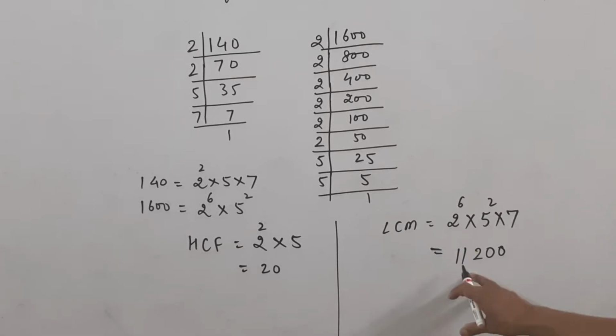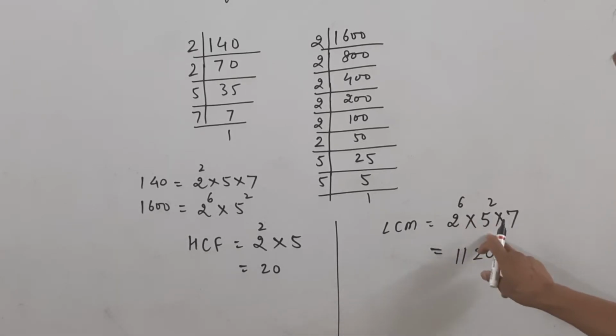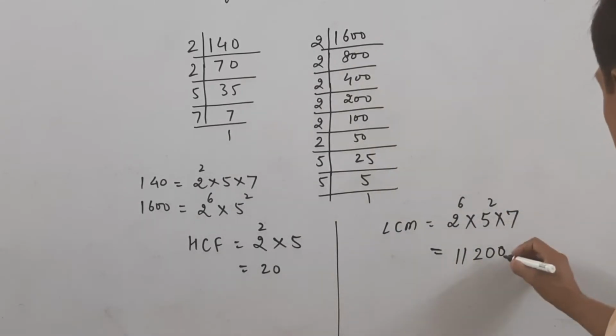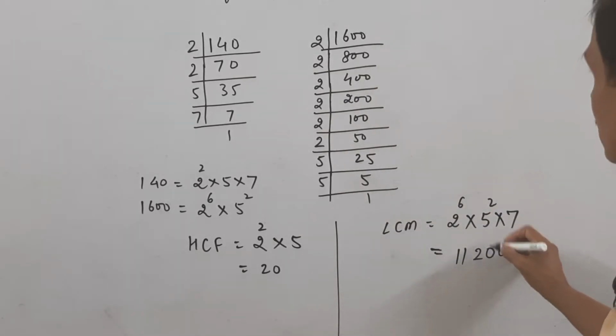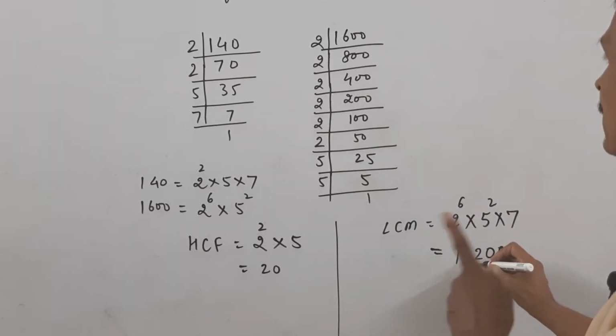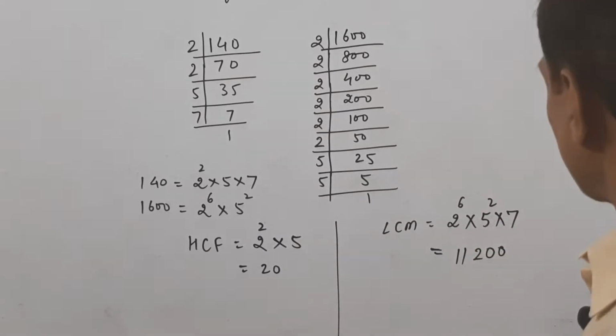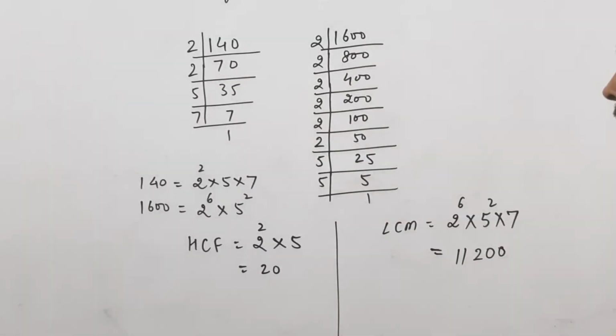This is 11,200 because 2 raised to power 6 into 5 square is 1600. We multiply it by 7, we get 11,200. That is the LCM of the two numbers.